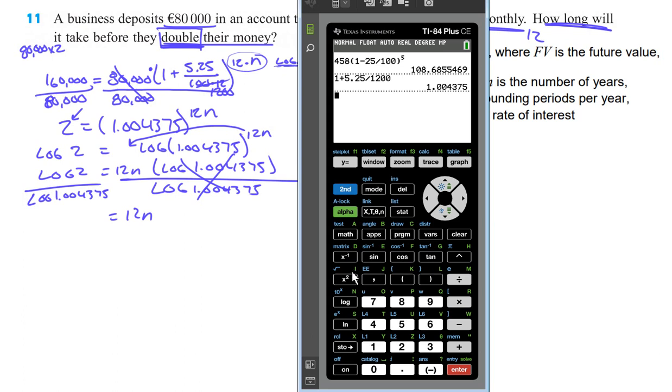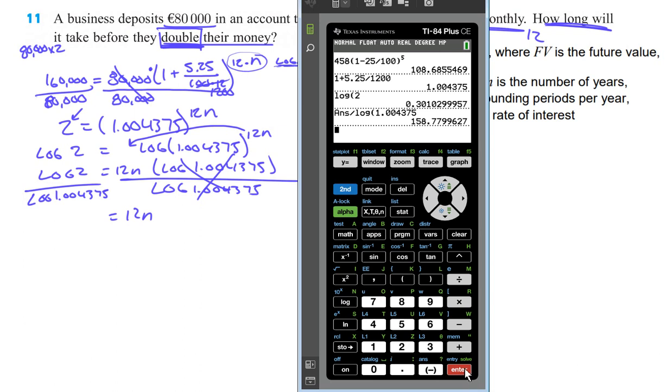So anyway, let's do this. I'm not going to clear that out because I want to do this. I'm going to do log 2, divide by log of 1.004375.